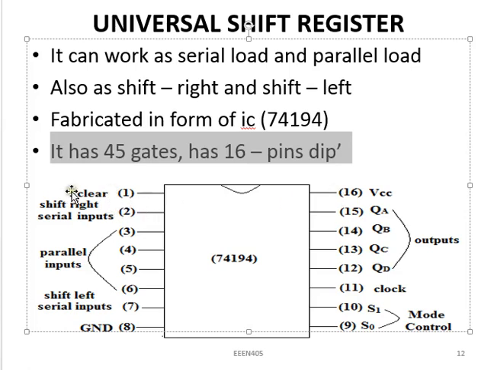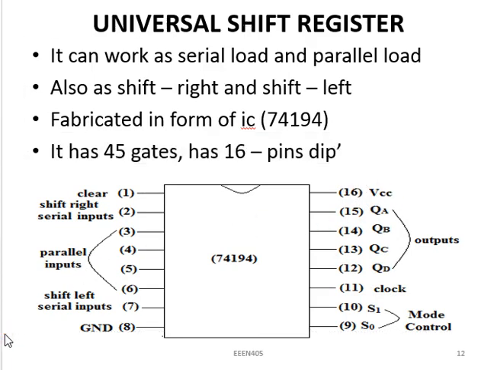Pin 1 is clear, pin 2 is the shift right serial input, pin 3 to pin 6 are for the parallel input, pin 7 is the shift left serial input, pin 8 is my ground, pins 9 and 10 are my mode selectors S1 and S0, and pin 11 is my clock. From 12 to 15 they are my outputs, QA, QB up to QD, and my pin 16 is the VCC, which is the voltage supply to the integrated circuit.